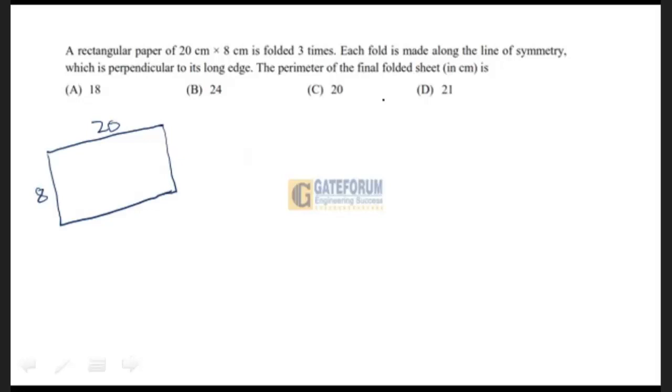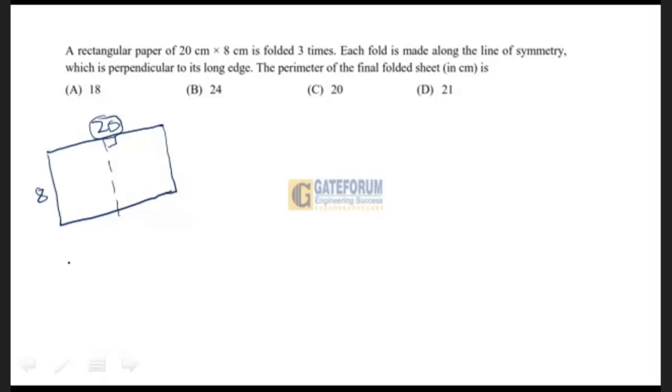Okay, how is it folded? Each fold is made along the line of symmetry which is perpendicular to its longer edge. So the first folding would be made perpendicular to the longer edge. So along this is the longer edge, so perpendicular to that.